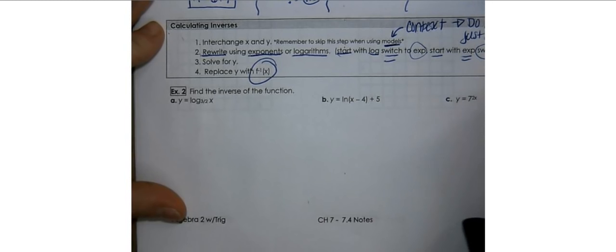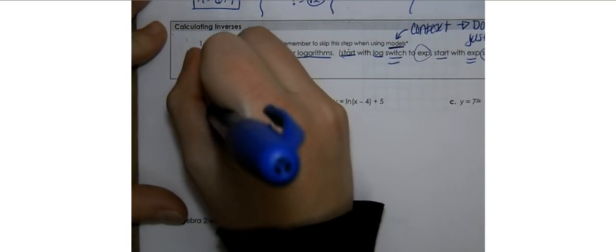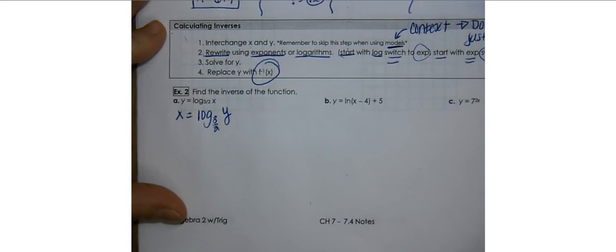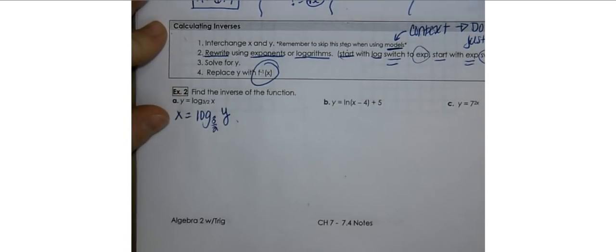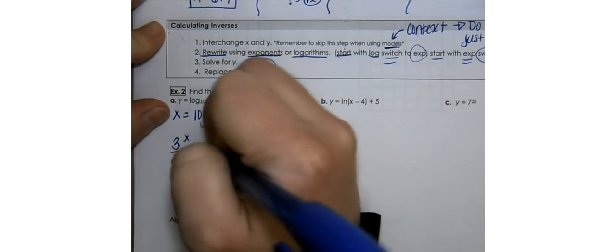Step 1. First of all, A, B, and C have no context with them, so we're immediately going to switch our x and y values. So x is equal to log base 3 halves of y. Next, because this is a logarithm, I'm going to rewrite it using exponential form. My base is 3 halves, my exponent is x, and it is equal to y.